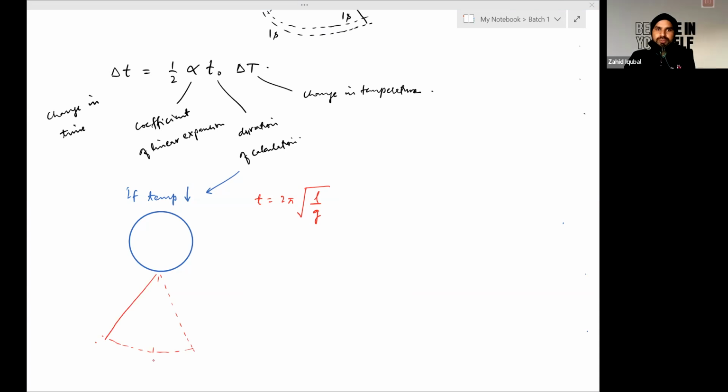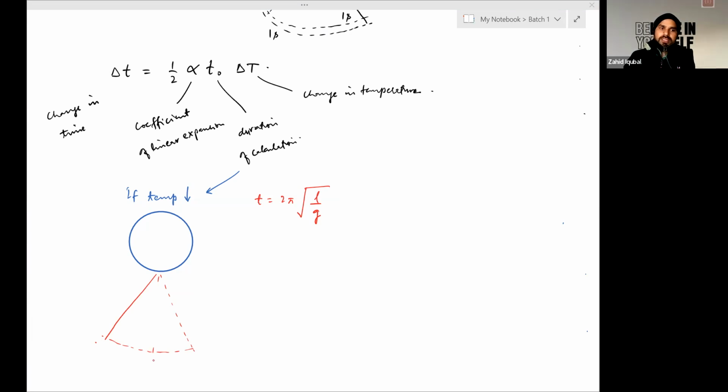Temperature and length are proportional to each other, or you can say on increasing temperature, length will increase, and similarly on decreasing temperature, length will decrease. So length will decrease due to decrease in temperature, which will lead to a decrease in its time period.